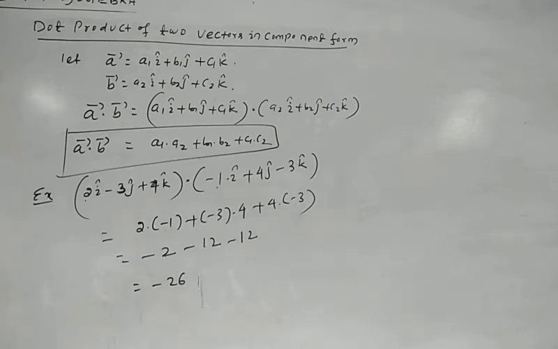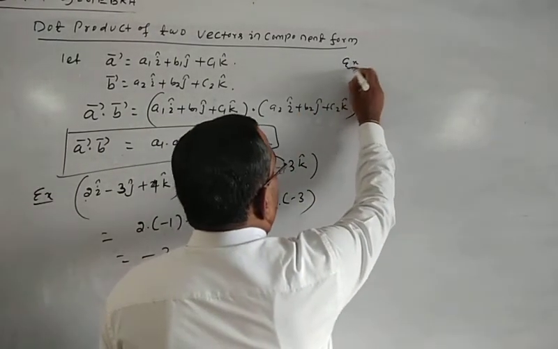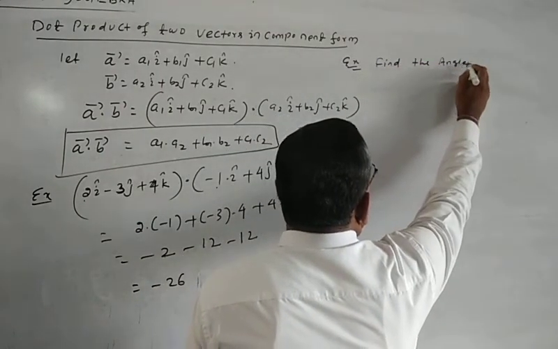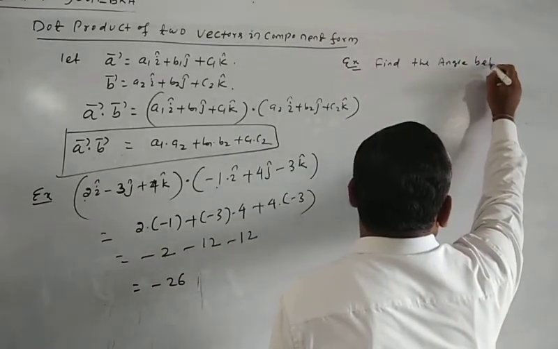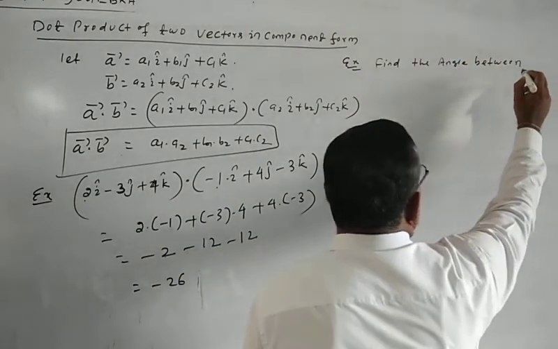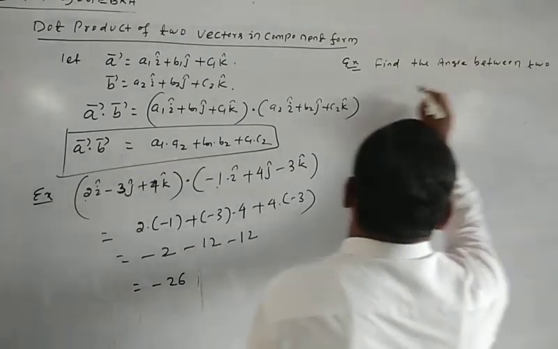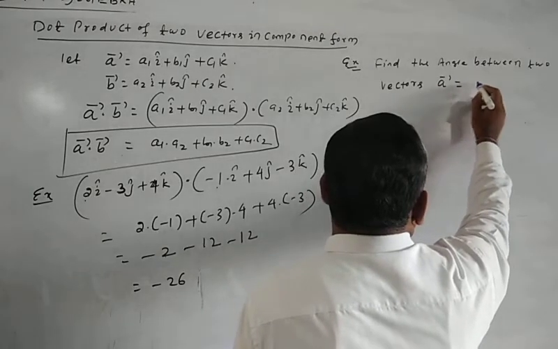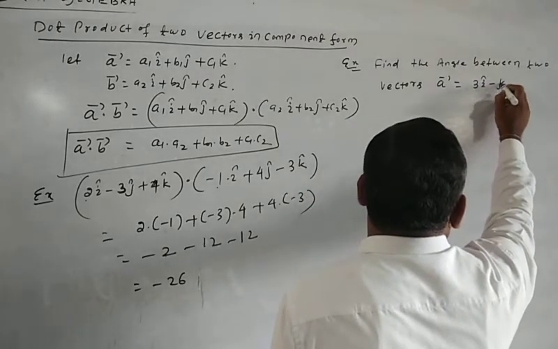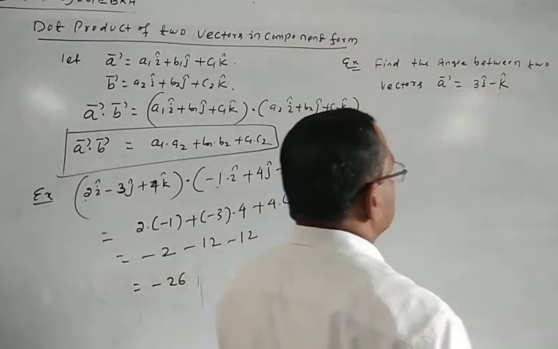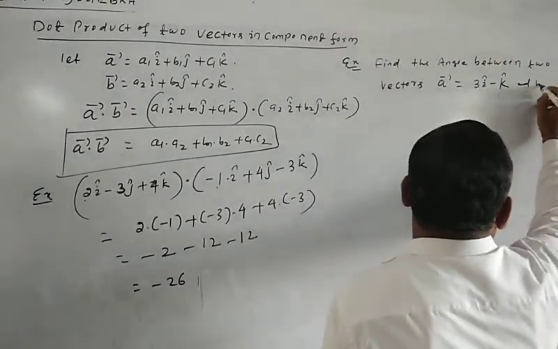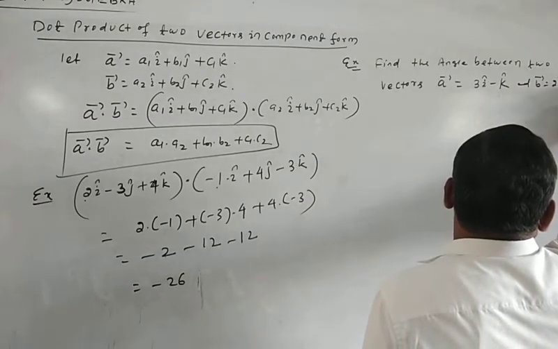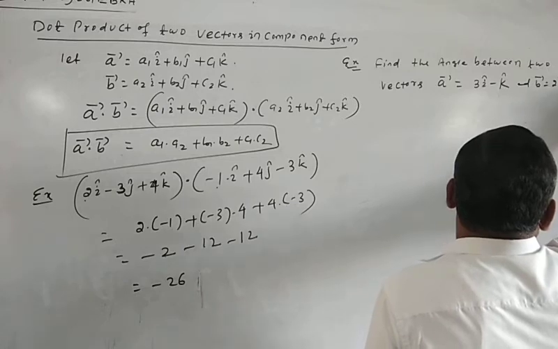Next, another question. Find the angle between two vectors, a vector equal to 3i cap minus k cap and b vector equal to 2i cap plus j cap plus 3k cap.